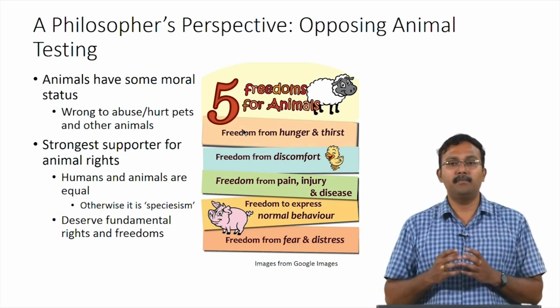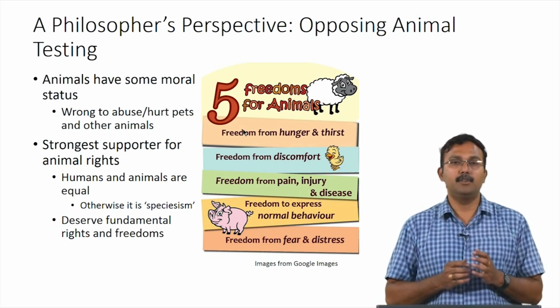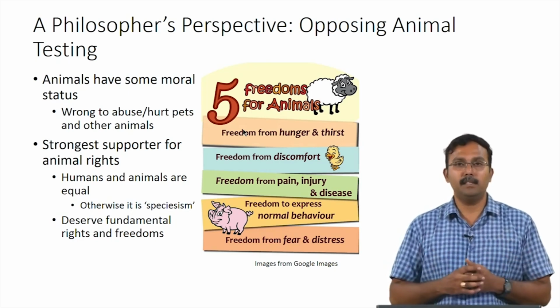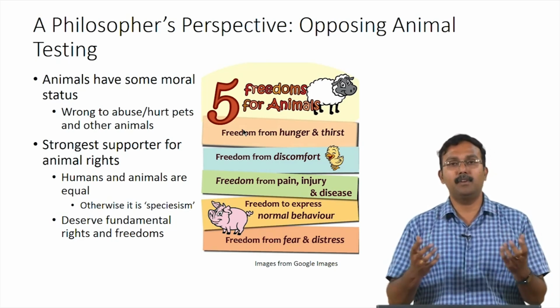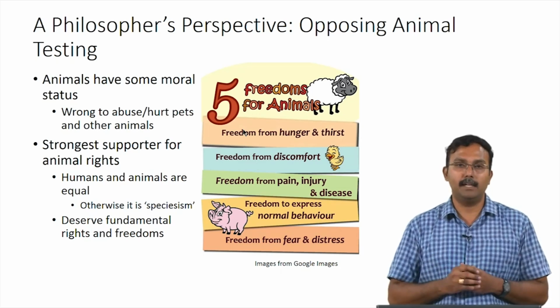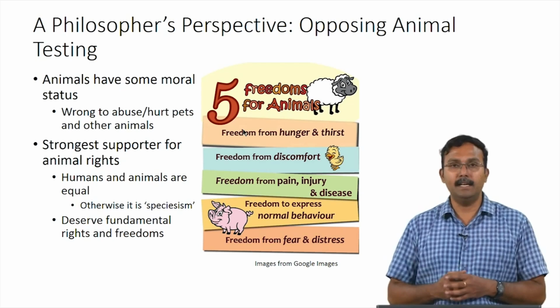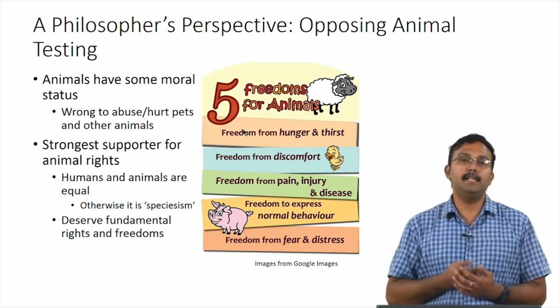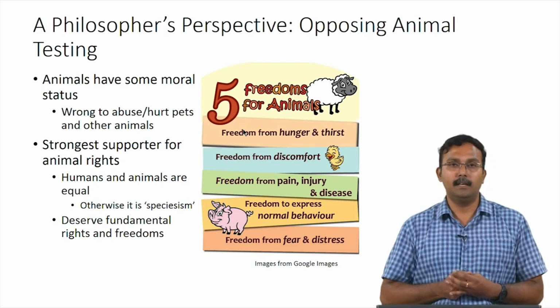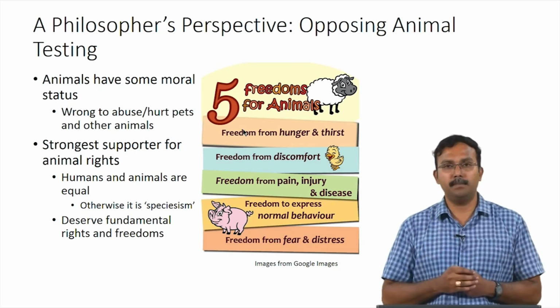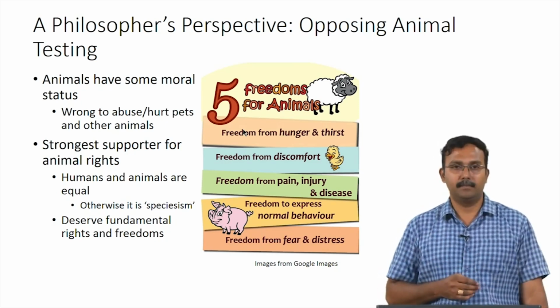There should be freedom from fear and distress. They should not be forced into something, and a fearful, distressful environment should not be created. When we are performing animal testing, some of these basic freedoms are violated, which means animal testing should not be done. So, this is a philosopher's perspective opposing animal testing.